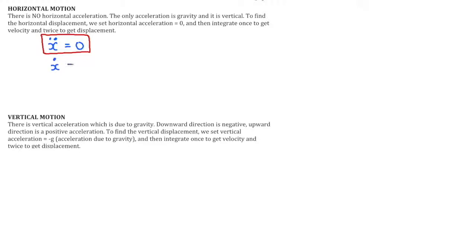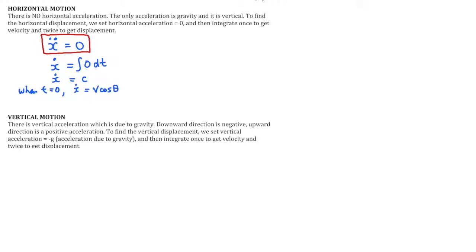Horizontally, we've got the integral of 0 with respect to t, which will give me the velocity. When you integrate 0, you get a constant. Now, we also know that at time 0, the velocity is equal to v cos theta.